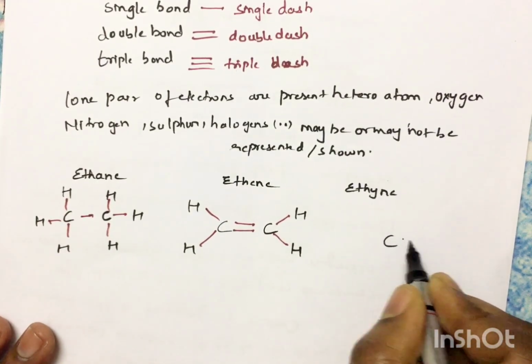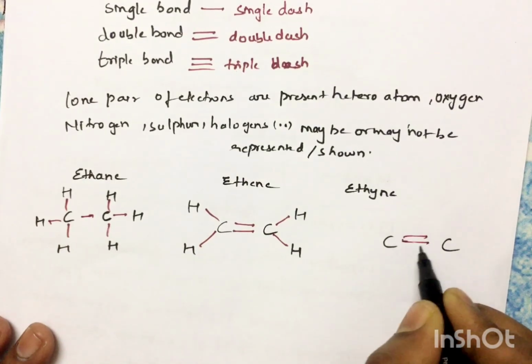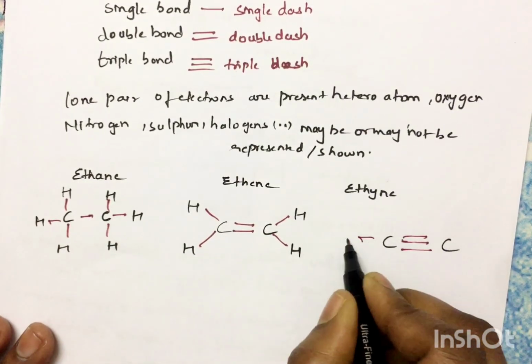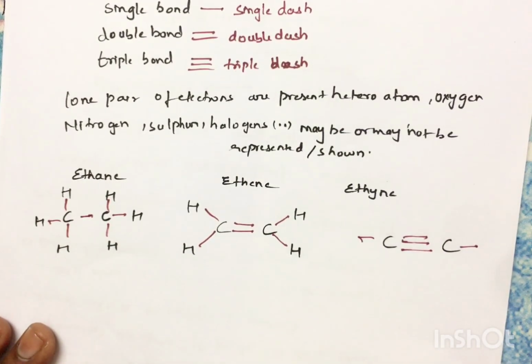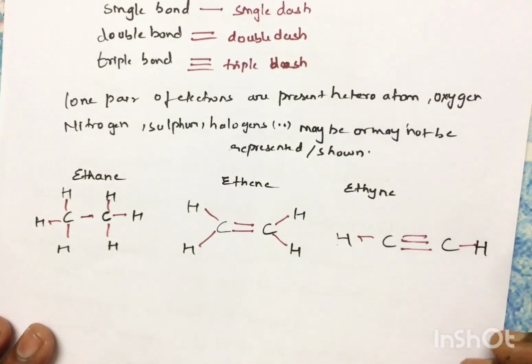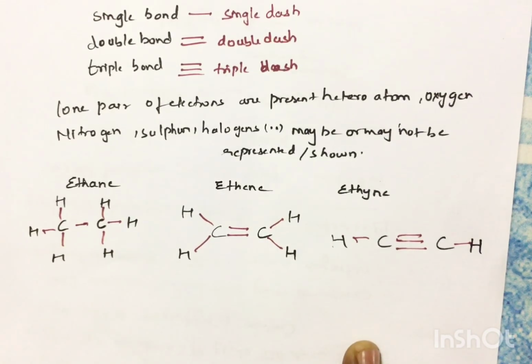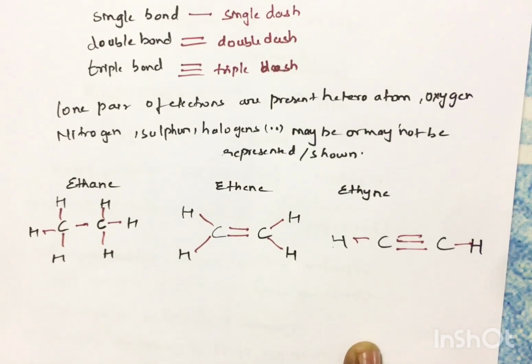There is a triple bond present between 2 carbon atoms. So it is represented by 3 dash lines and 1 single bond with each hydrogen atom. This is the structure of ethyne molecule. So this is the way of representing complete or dash structure.